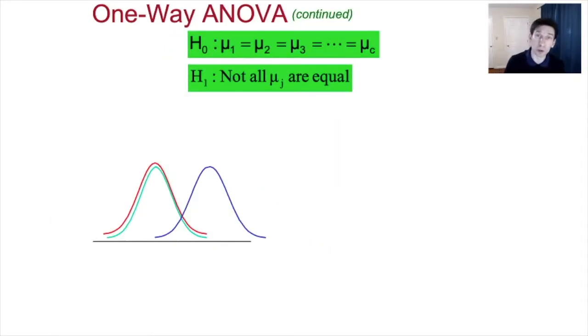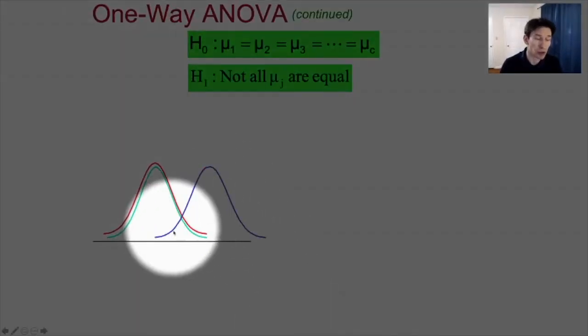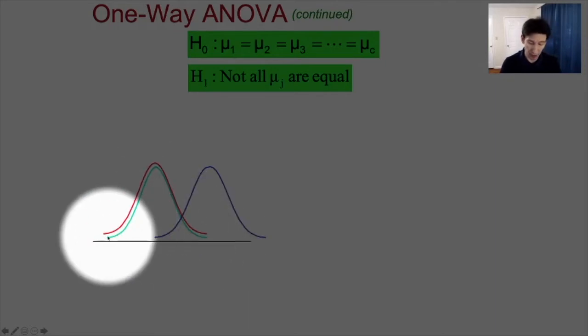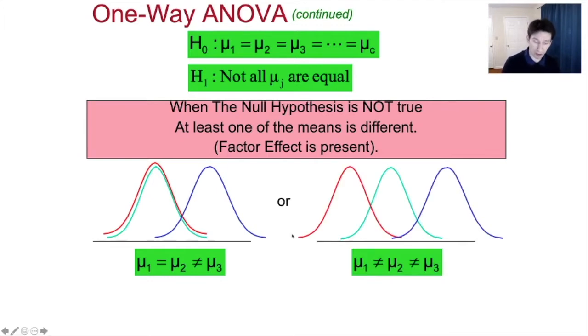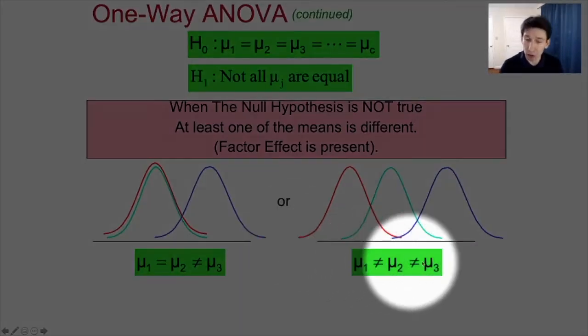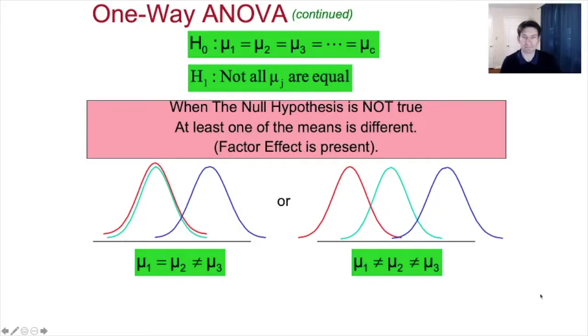Now, if H0 were to be rejected, it means you're imagining something like this. At least one of the distributions does not have the same mean as the others. So that's when the null hypothesis is not true. So if you reject the null hypothesis, you're imagining something like this. Or it could be something like that. It could be that they are all different. It could be that at least one is different from the others.